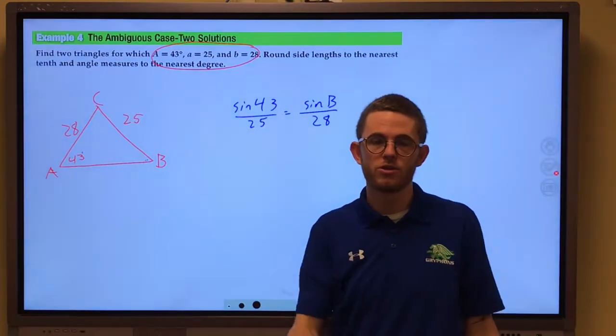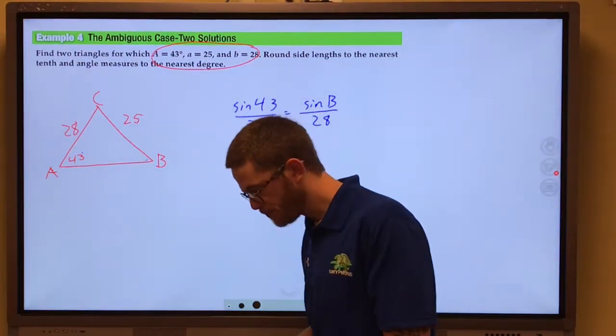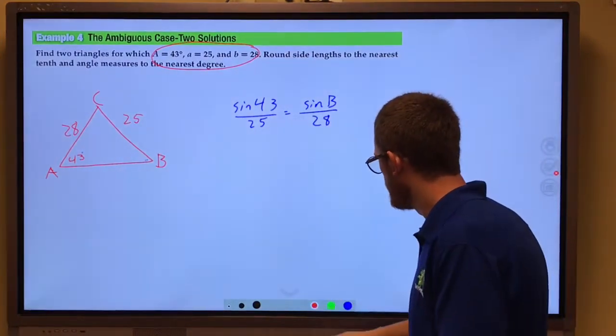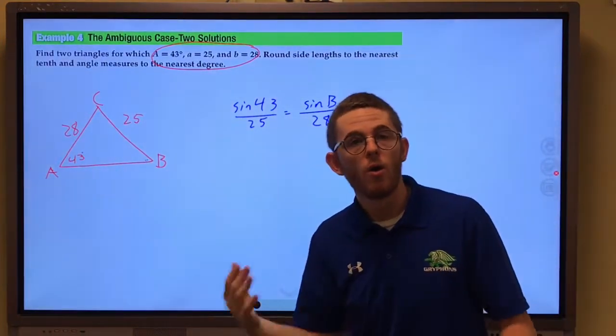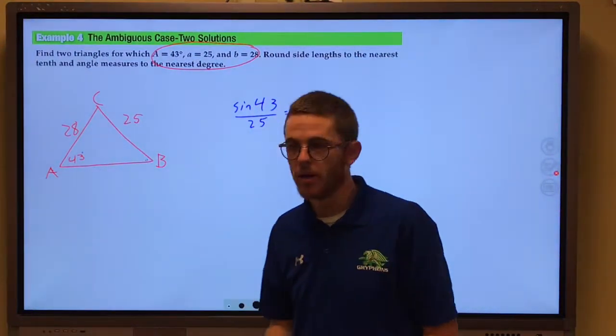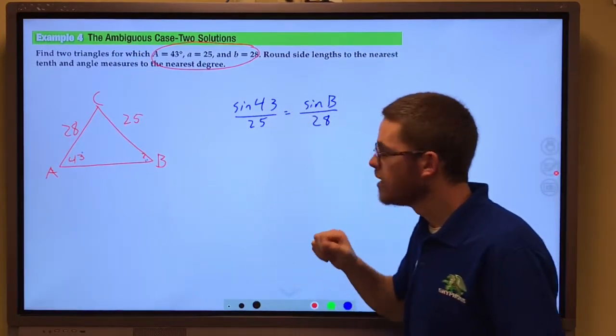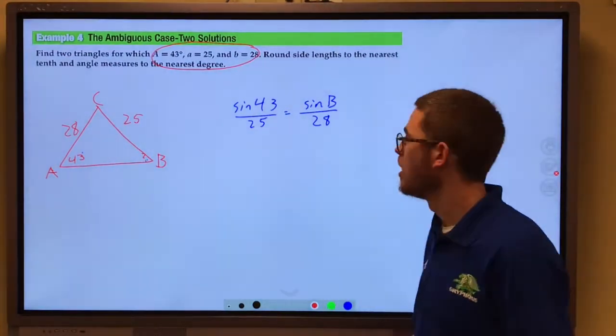In this situation, there's always going to be two possible solutions. Well, I guess there's not always, that value could be too big to be a possible triangle. But if this works to get us a value for B right here, if there is a solution, there's two possible solutions.